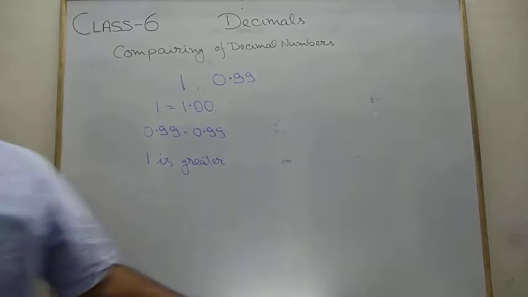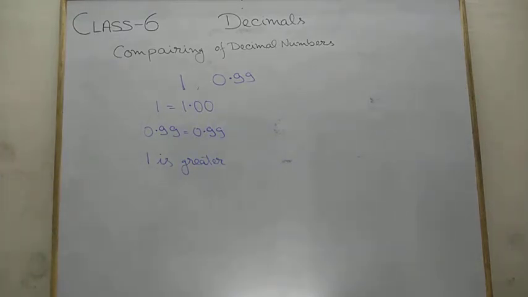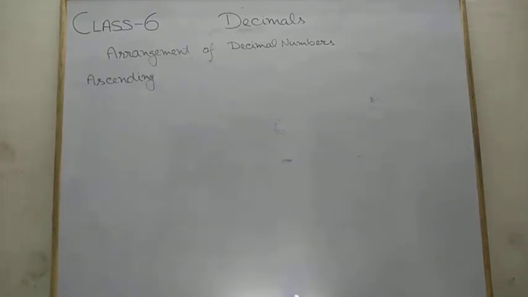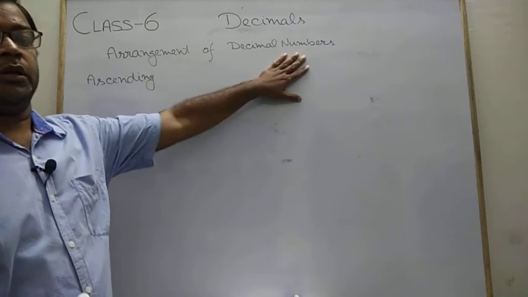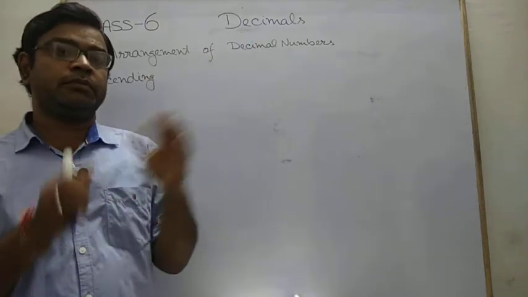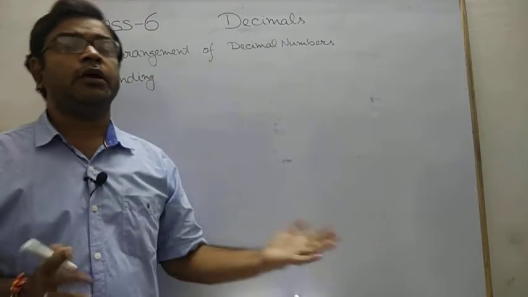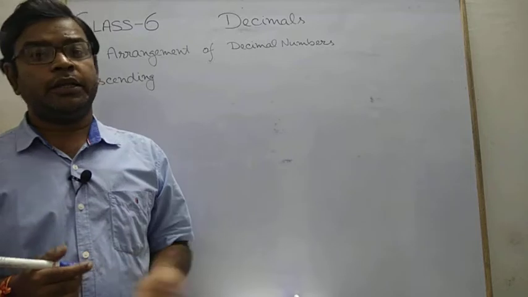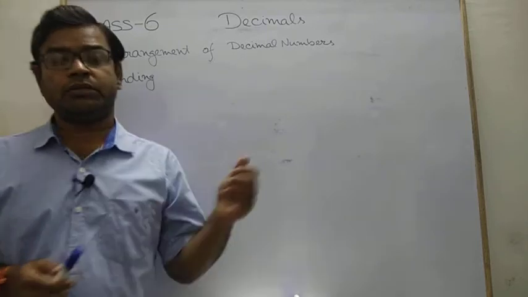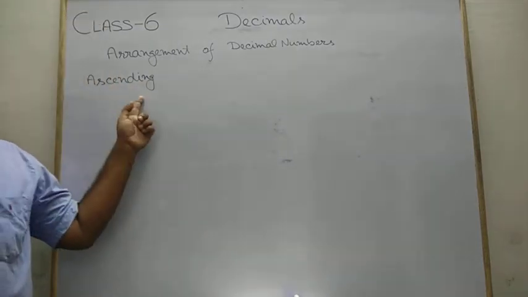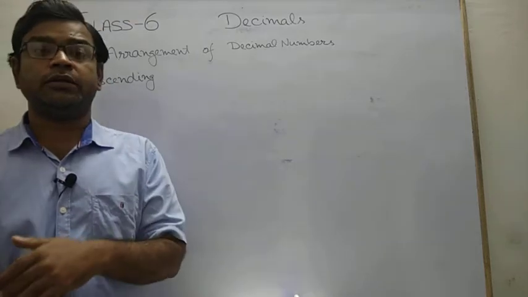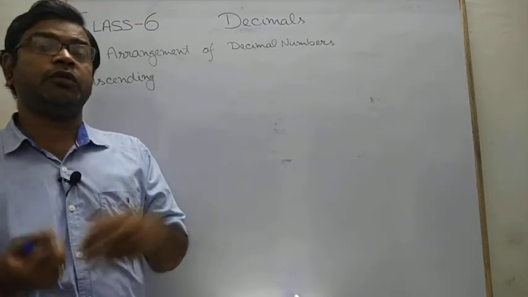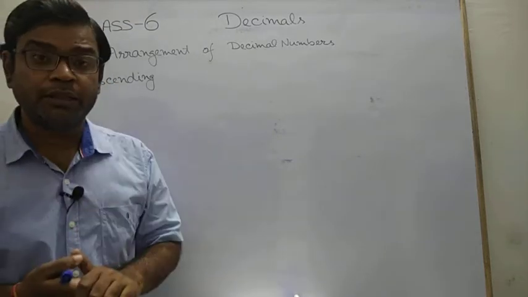Then next one is arrangement of decimal numbers. Means how we arrange, when more than 4 or 5 numbers are given to you, you have to arrange them in either increasing order or descending order. Means either ascending order or descending order. How do we compare them? We use the same method, that first we convert them into like decimals, then compare them.